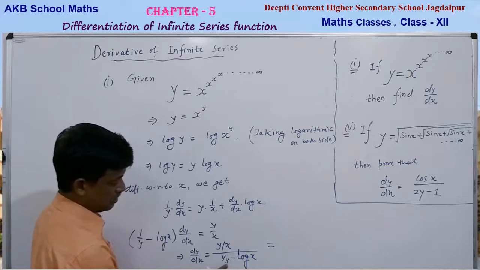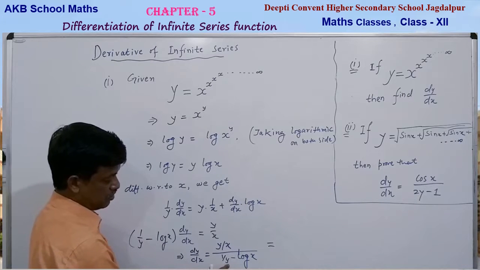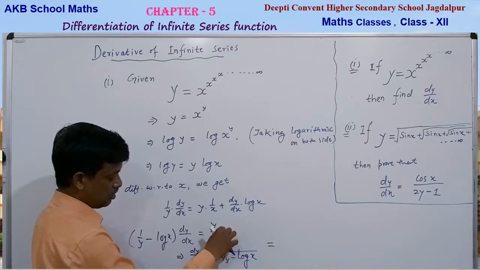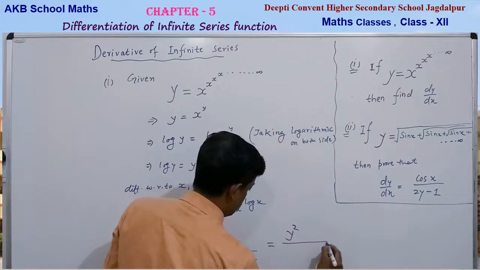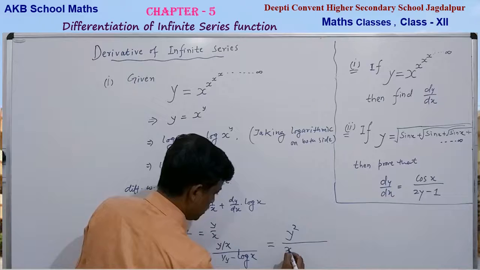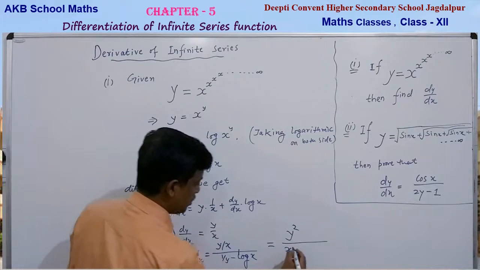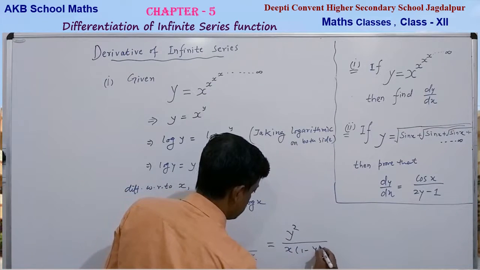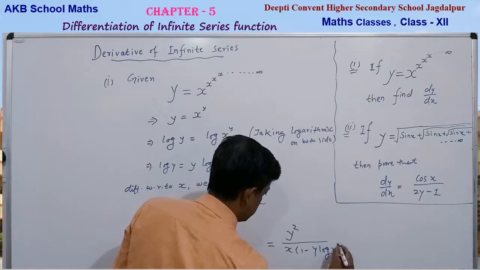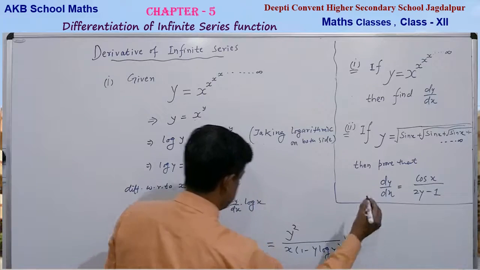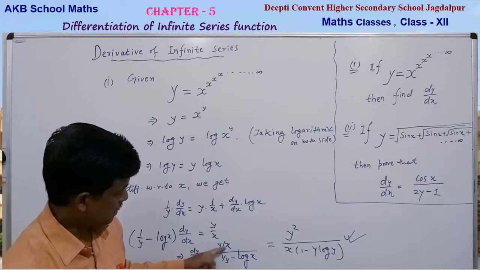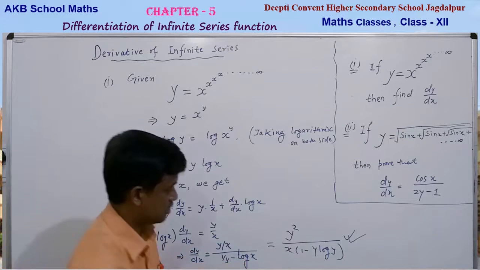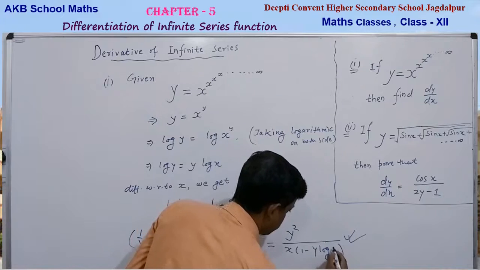Taking LCM, y will go in the numerator, so y square upon x, and in the denominator will come 1 minus y log x. So this is our derivative. Y square, x comes below, so 1 minus y log x.